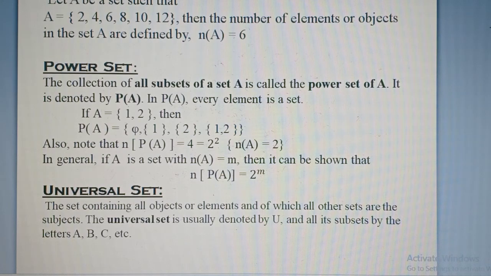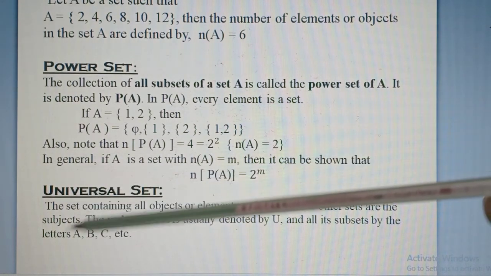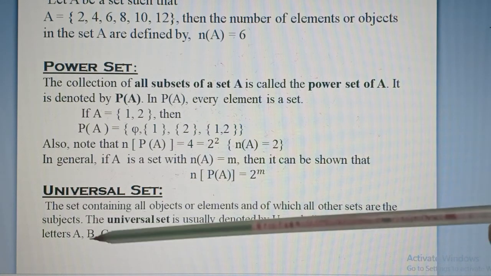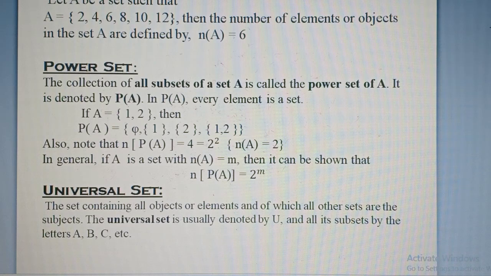Suppose capital A, B, C are sets of natural numbers. Some natural numbers, suppose A is odd natural numbers, B is even natural numbers and C is the prime numbers. In such a case, the universal set will be the set of natural numbers.